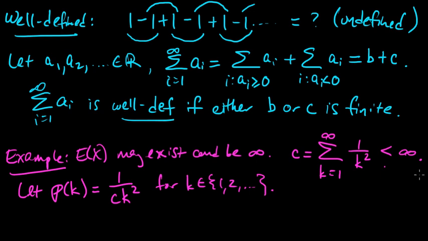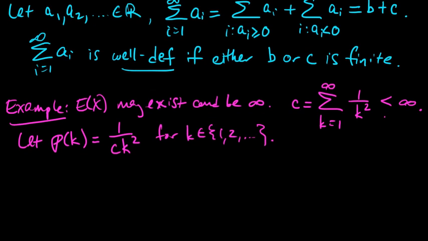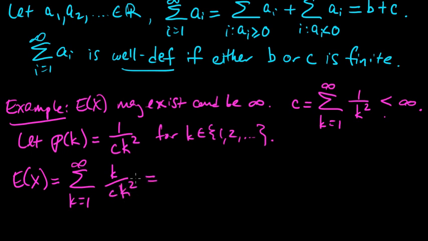But if we try to compute the expected value of this thing, remember the definition, so we're going to sum over all the values that x could take, in this case it's k, so k times p of k, which is 1 over ck squared.